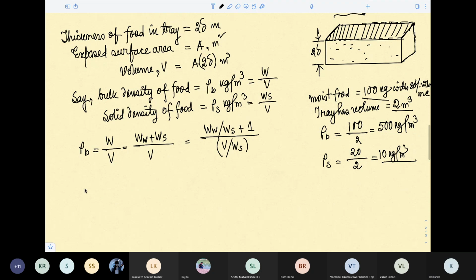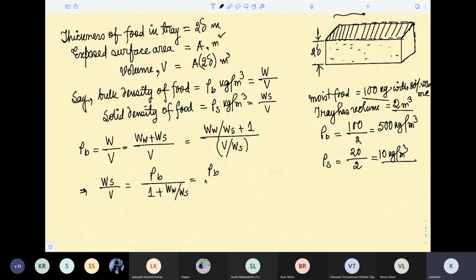So what we will do now, if you write Ws by V, rho B divided by 1 plus, what is this one? If you take this one over here, it will be V by Ws. Now we are doing Ws by V, then rho B by 1 plus W by Ws.